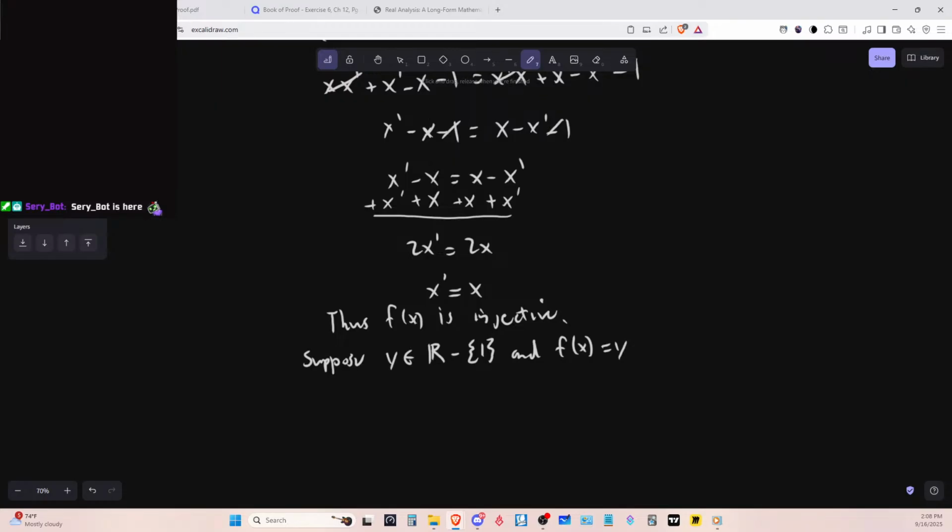Alright, so hence, so if we solve for x, I think we're going to do the scratch work here. So x plus 1 over x minus 1 to the third equals y.